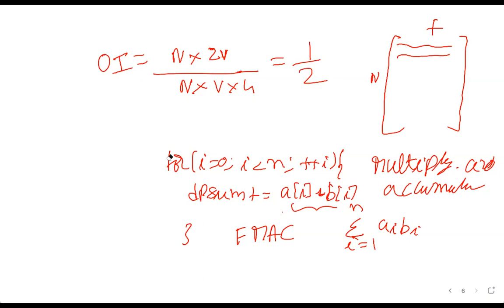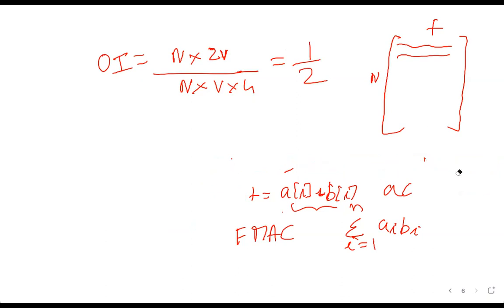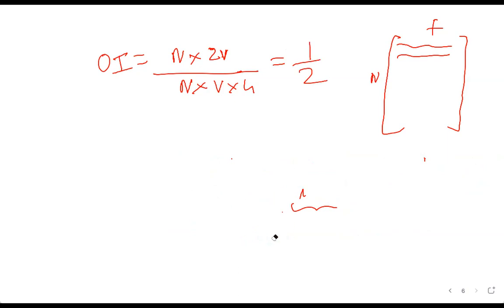Now if the operational intensity is half, what is the peak and the DDR4 bandwidth? Let's say the main memory bandwidth is 16 gigabytes per second.